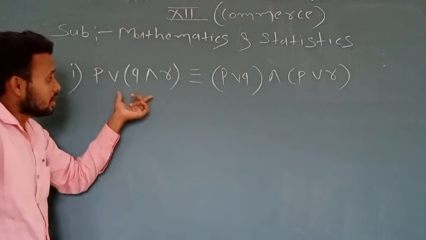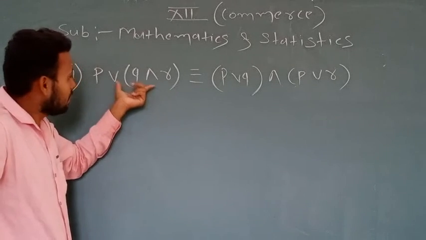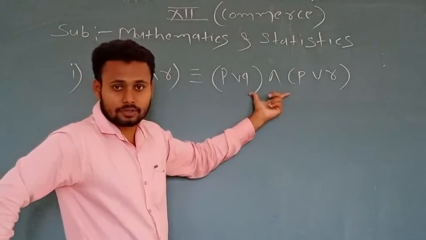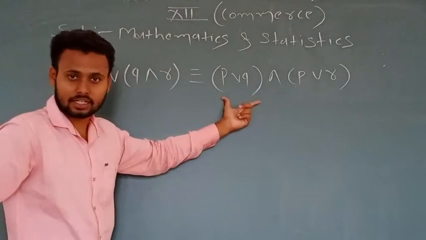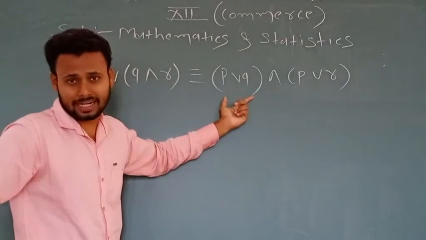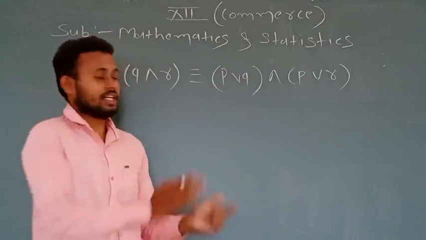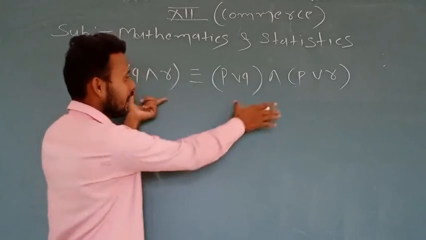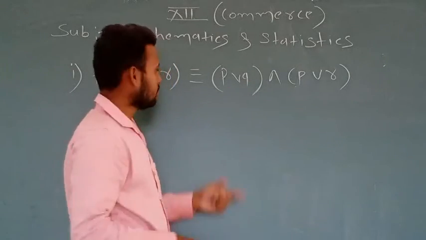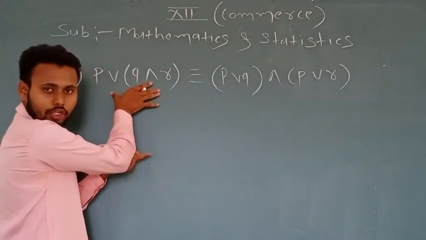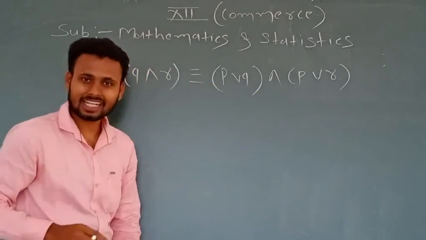It means in the solution we have to find out the truth table of these two statement patterns, not separately but jointly. That means we have to find one truth table for both statement patterns, and in it the values of this column and this column will be the same. Then we say that these two statement patterns are equivalent.